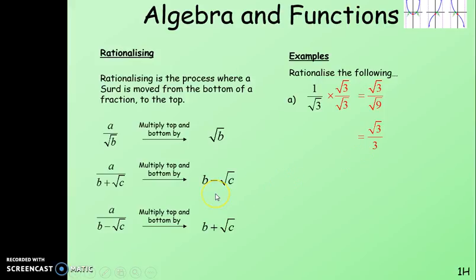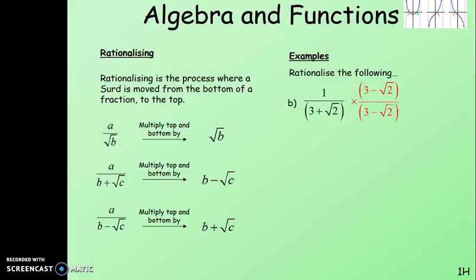Okay? So, slightly more complicated is when you've got more than one sort of term on the bottom. We've got this 1 over 3 plus root 2. So, let's think about this. If we multiplied top and bottom just by root 2, would that help? Would that give us an integer on the bottom?